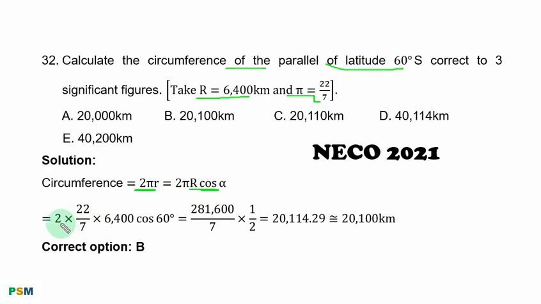You have 2 times 22/7 times radius of the earth times cos 60 degrees. This expression simplifies to this, and you have this result. To 3SF, you have 20,100 kilometers. The correct option is B.